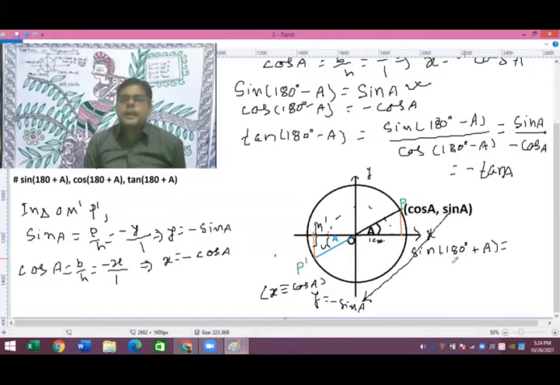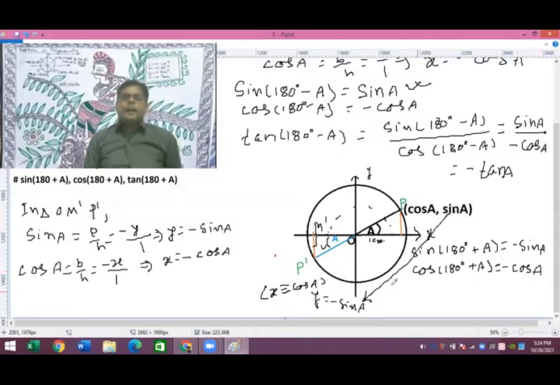So sin 180 degrees plus A is negative sin A. And similarly you can check for cos 180 degrees plus A, which is the x coordinate of this P dash. When it was A only, the x coordinate was cos A. Now when it is 180 degrees plus A, the x coordinate is negative. This is negative cos A, so that it is minus cos A.